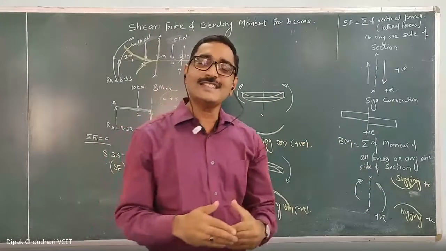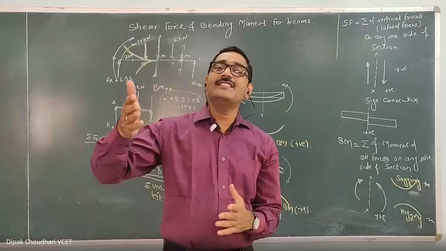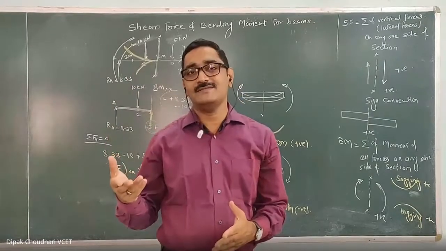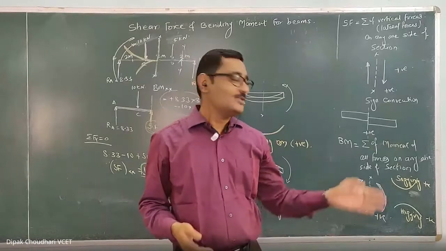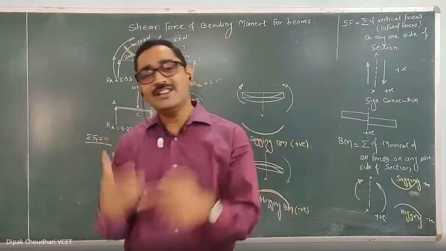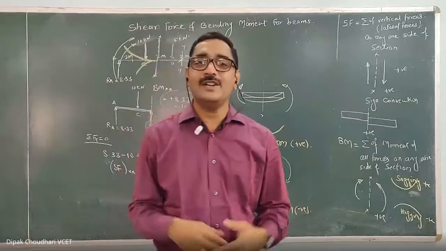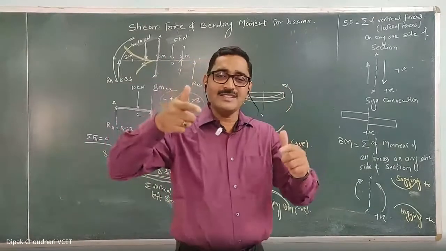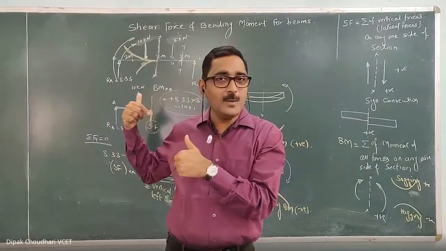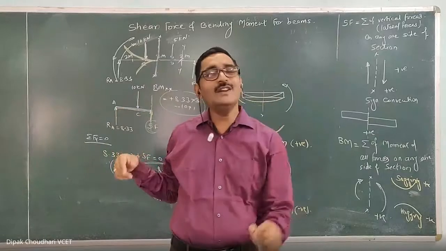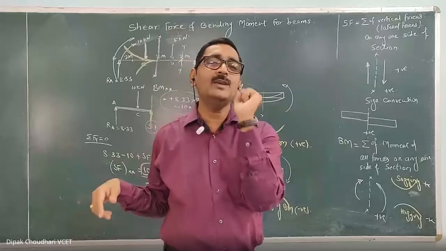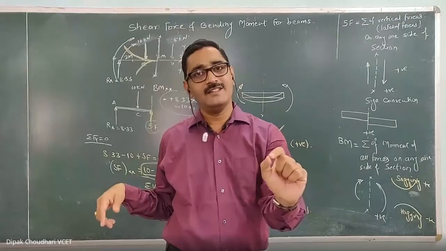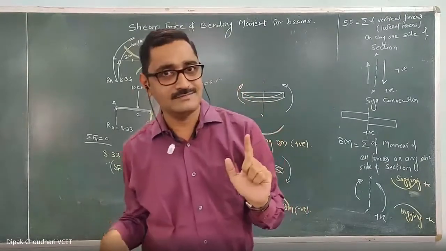By using this concept we have calculated the support reactions when there are more reactions. So remember this while drawing the shear force and bending moment diagram, or while calculating the shear force and bending moment: at an internal hinge the bending moment is always 0. There will be some shear force.